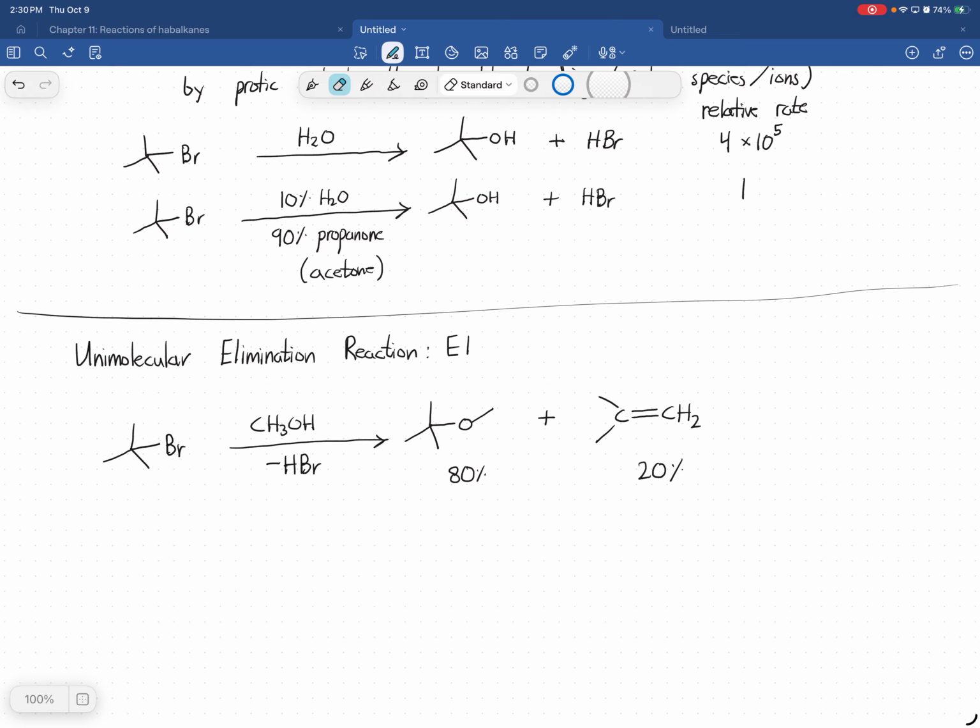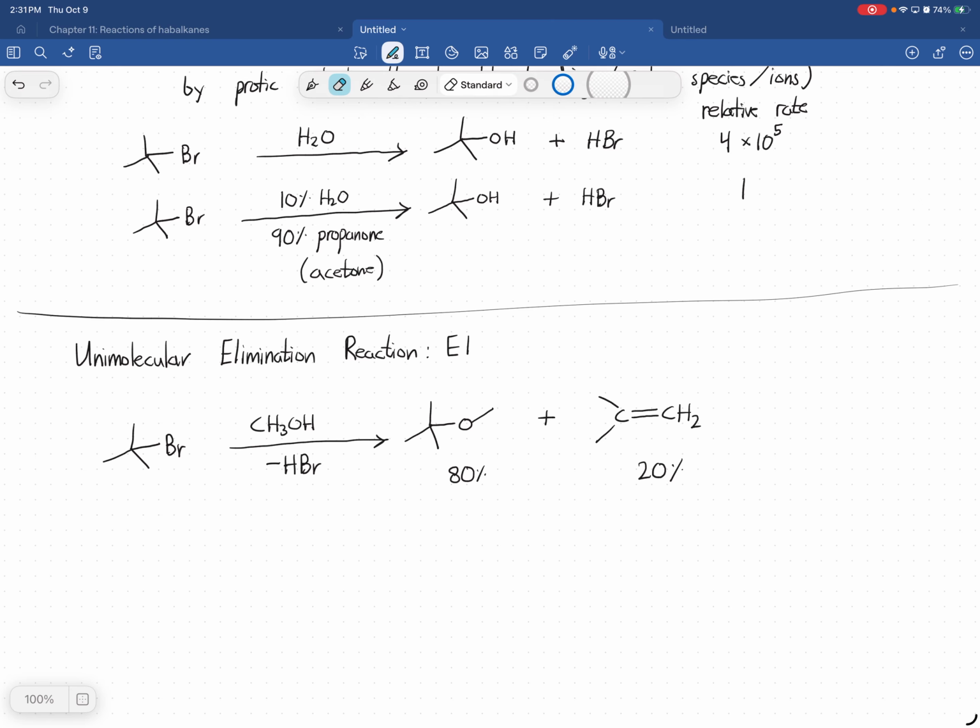Tell me what mechanism forms, and I might have a follow-up. In your product mixture, you also identify another compound that has a significantly lower yield, or it may be closer based on the conditions, but usually that's the alkene. So that's SN1, and that's E1.